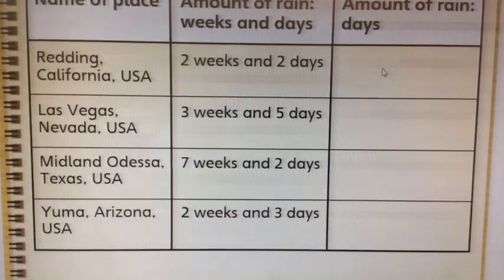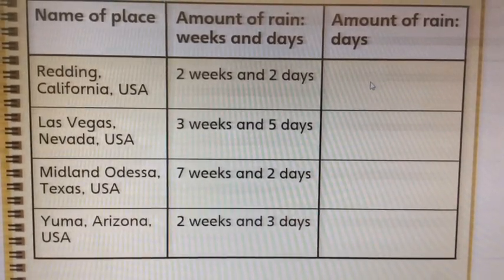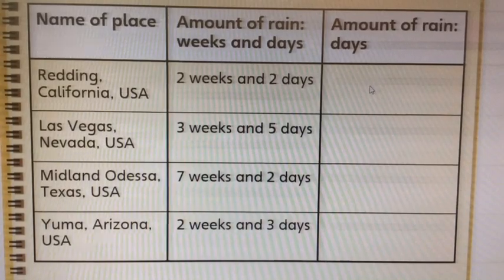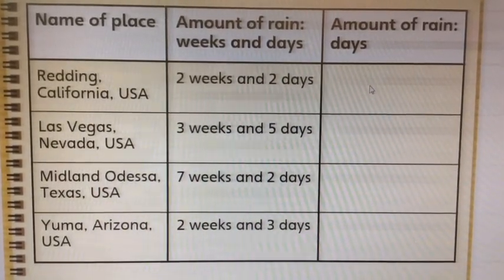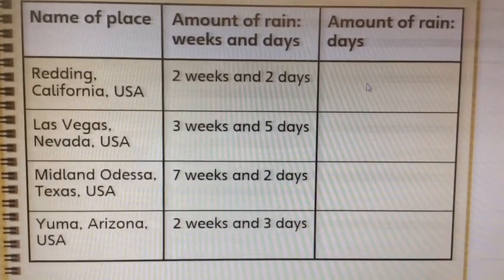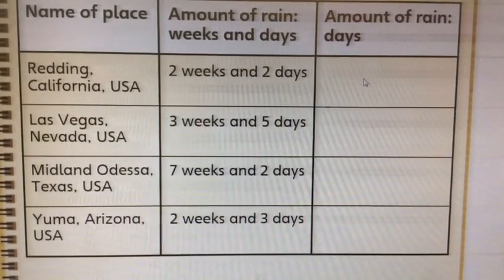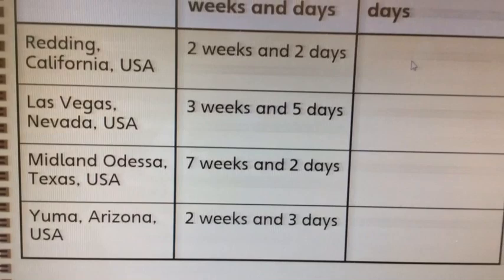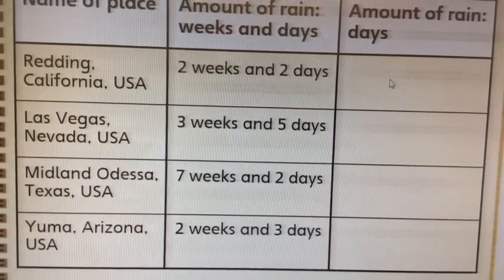Have a look at Las Vegas now. How many days did it rain there? And I want you to write your answer down back on that time facts quiz that you did. And that's answer number 6. Number 7, work out how many days it rained in Midland.